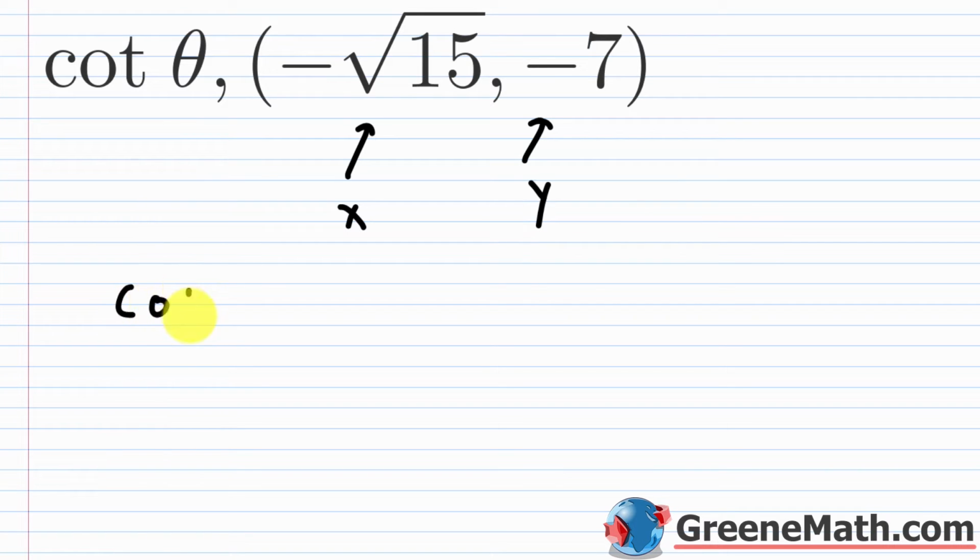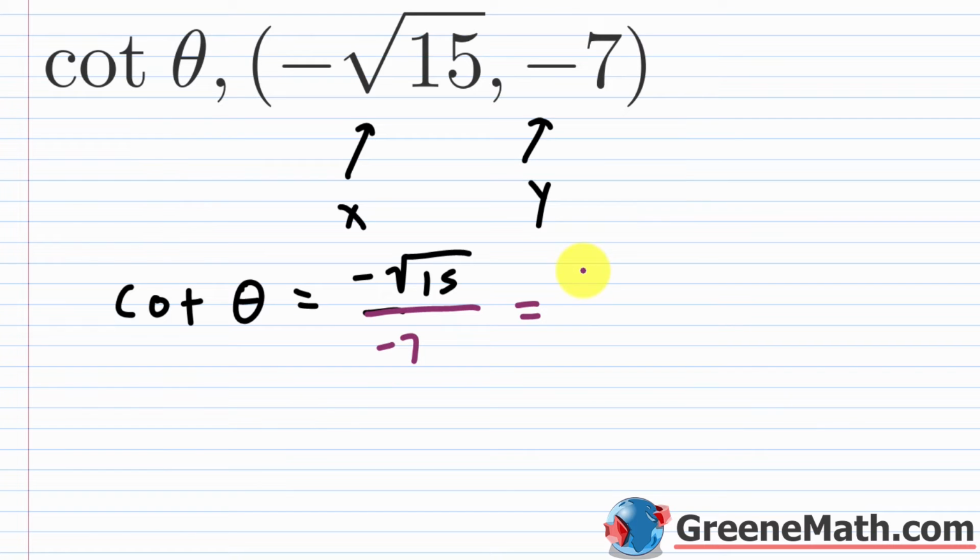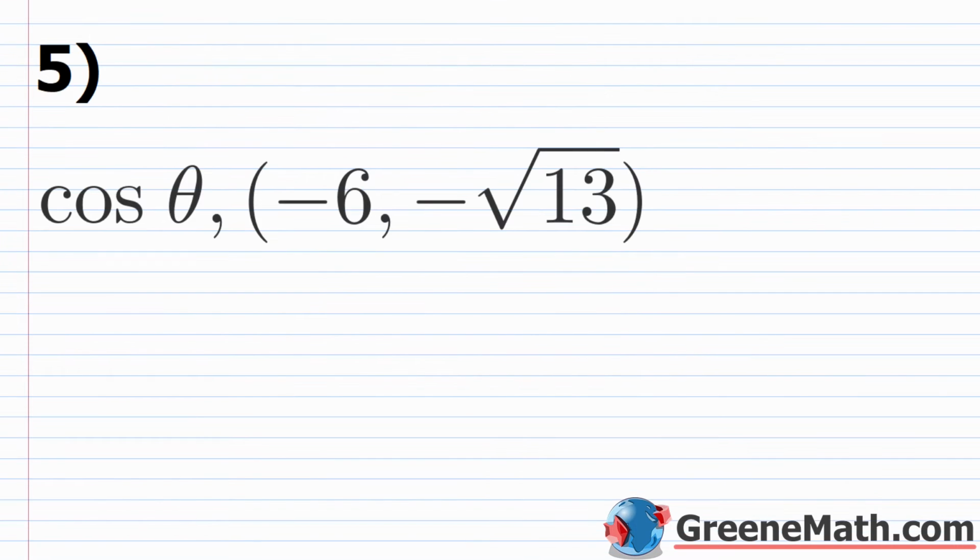So let's say that the cotangent of theta is going to be x over y. So the x value is just the negative of the square root of 15. And then the y value is just going to be negative 7. Let me make this a little bit better here. And then we know the negatives would cancel. So the final answer here for the cotangent of theta is the square root of 15 over 7.